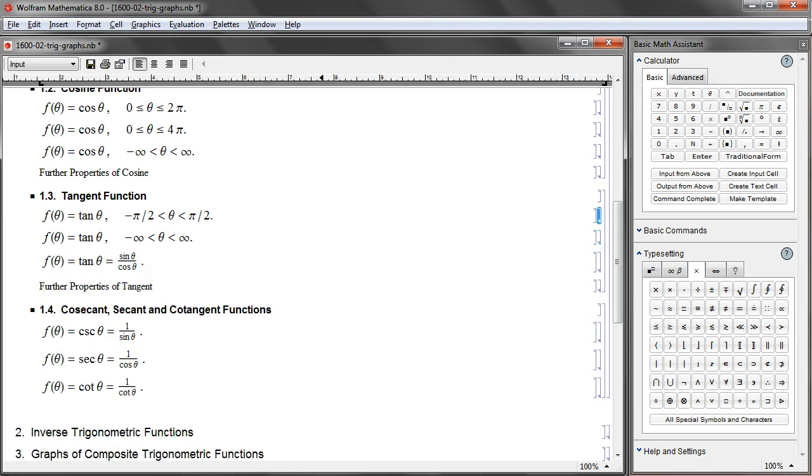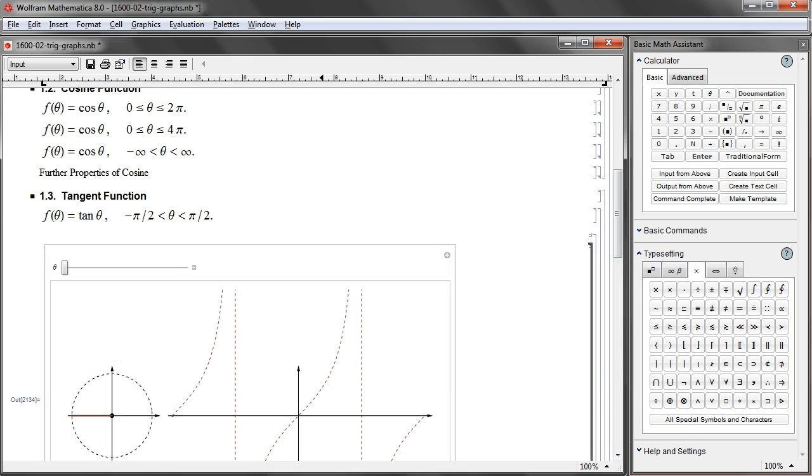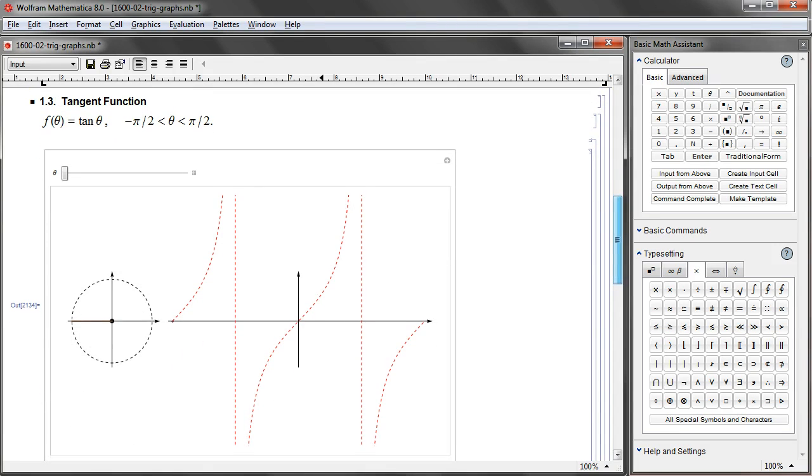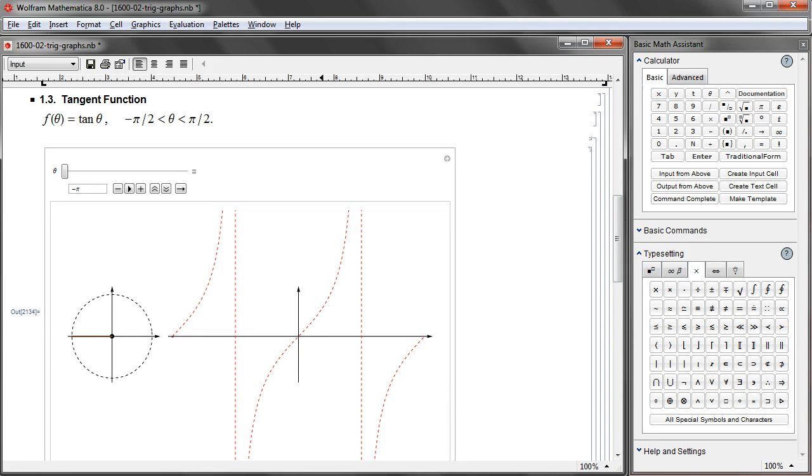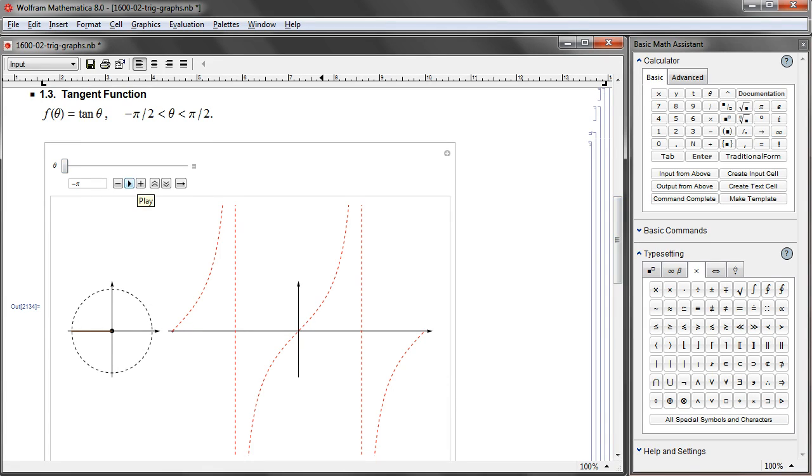The period here is pi, not 2 pi. And here is the visualization of the tangent function using the similar type of animation that I use for sine and cosine. It's not as effective as in the sine and cosine case, but here it is. Let's try to decipher what is going on.